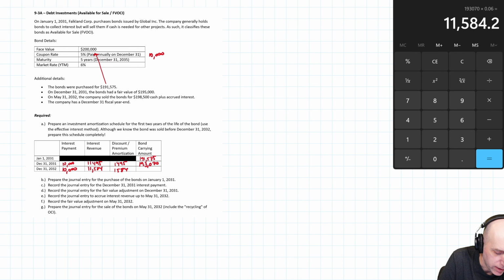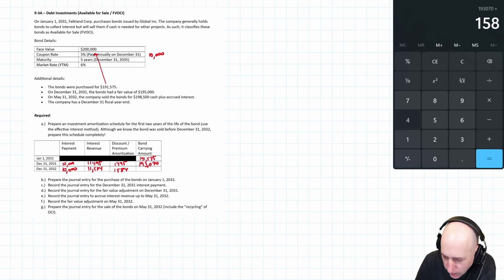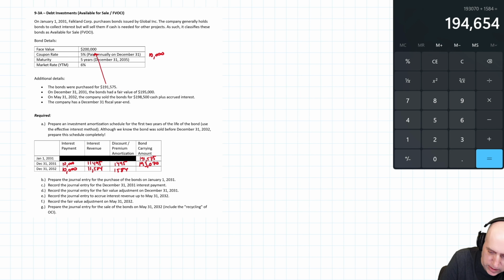And so our bond, again, is going to grow from 193 to like 194,600. So 193,070 plus 1,584, 194,654. And we could keep going, but of course we know we sold the bond on May 31st, 2032. So, we'll be done with the bond by then.